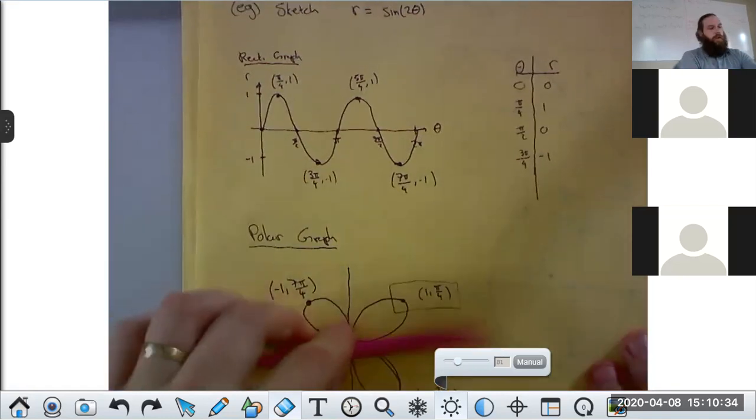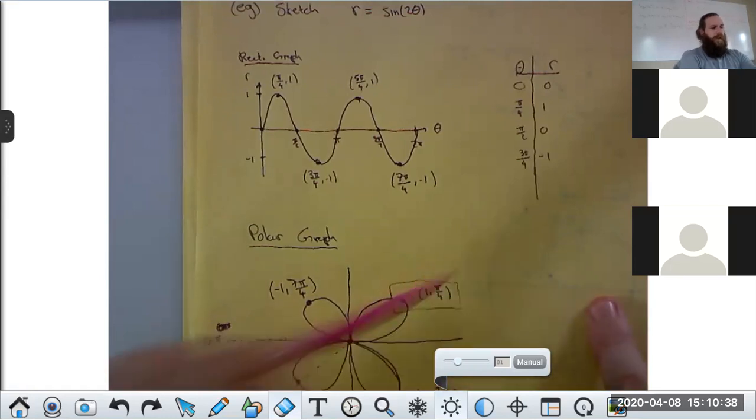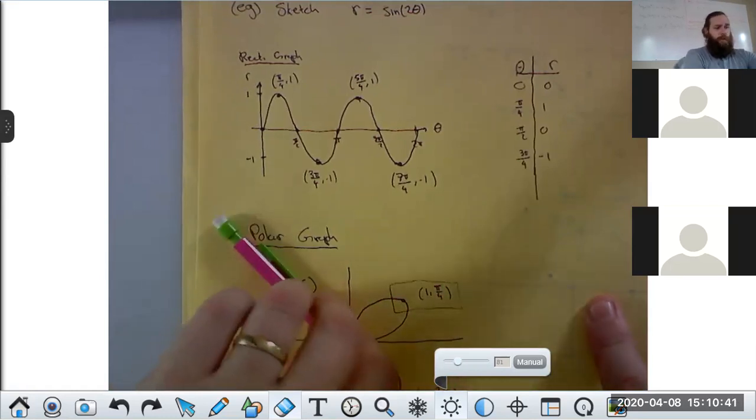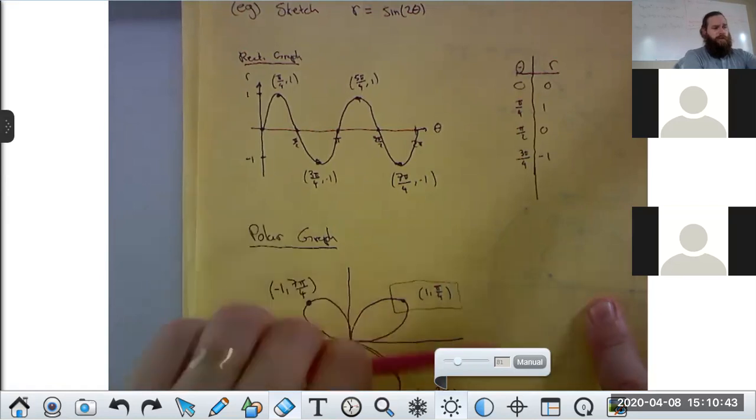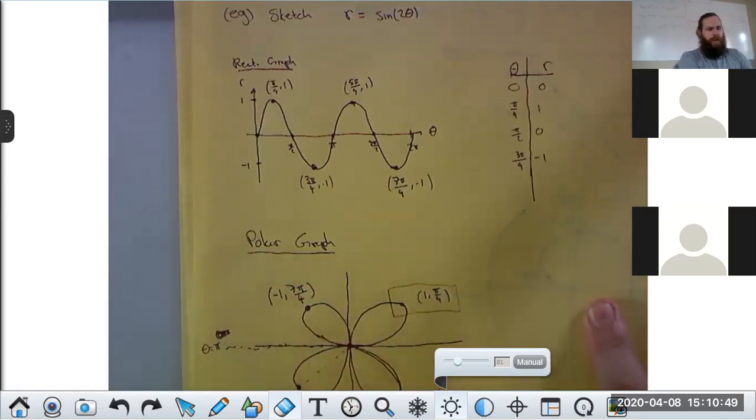We've rotated theta equals pi over 4 and walked out 1. This guy, though, is a little bit weird, because this doesn't look like I rotated 3 pi over 4 and walked out 1. I rotated 3 pi over 4 to get to quadrant 4. That's not usually how we think of it, right? 3 pi over 4 I usually think of as a quadrant 2 angle. But oh, the radius is negative.